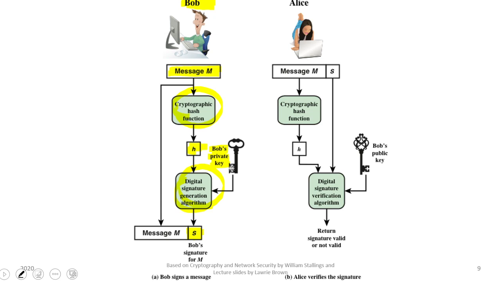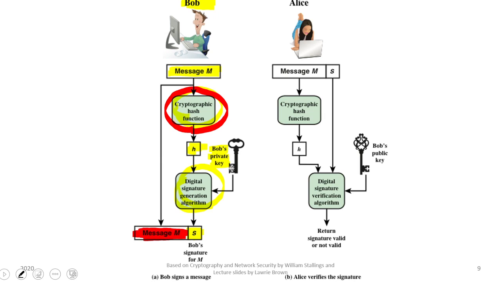Here, one of the important things that you can see is we use a cryptographic hash function, and only the hash of the message is being used as part of the digital signature generation. So, what this ensures is even when we have significantly larger messages, the signature doesn't have to be large.